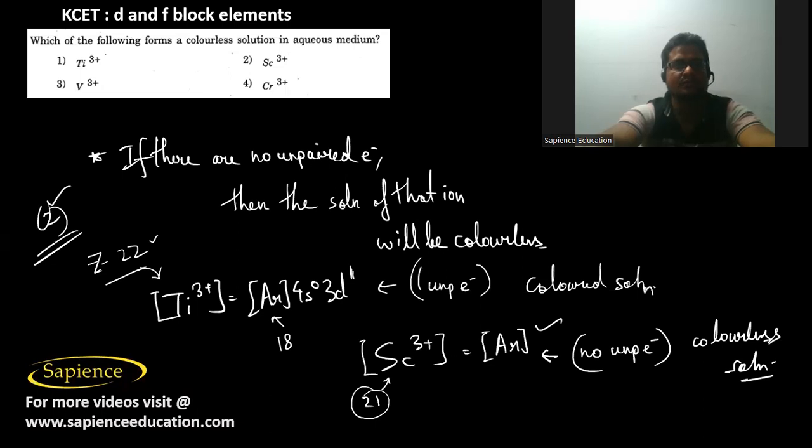And here also we can see the electronic configuration for V3+, the vanadium 3+ ion. The atomic number of vanadium is 23, so it will be 4s2 3d3, and for V3+ it will be 4s0 3d2.